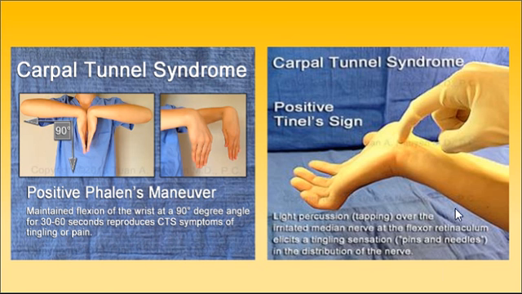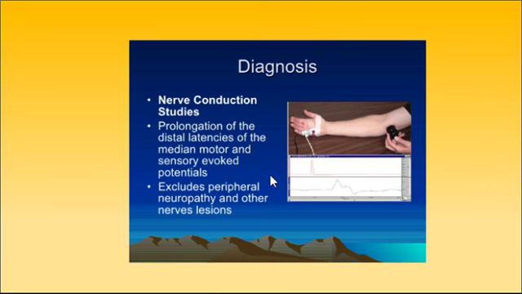And here, the Tinel's sign, light, and I mean very light, because I've seen people that are positive over the irritated median nerve, because you have this carpal right there. You lightly tap that nerve and they get pins and needles down the hand, and that is a positive Tinel's sign. Another test they do is a nerve conduction, looking for this nerve compression in there.